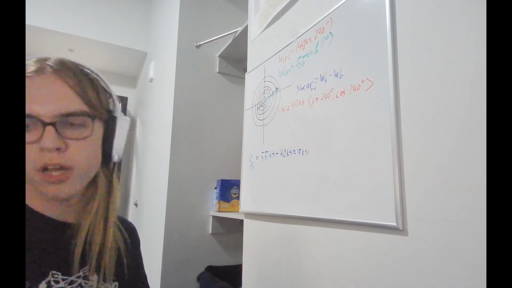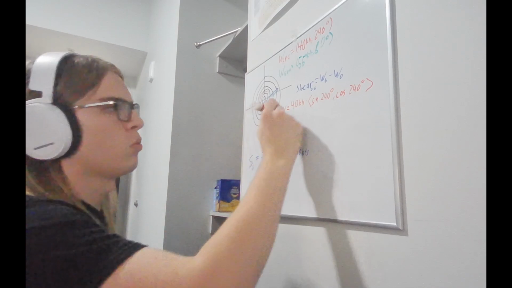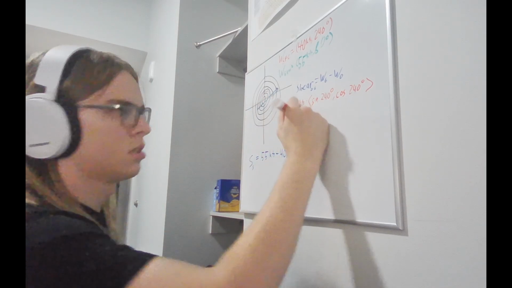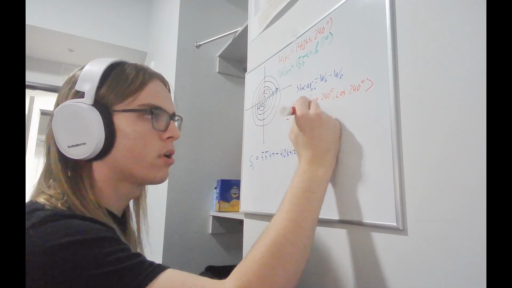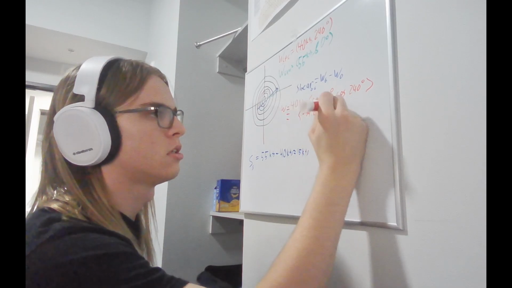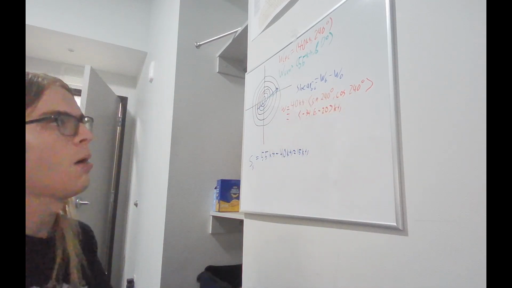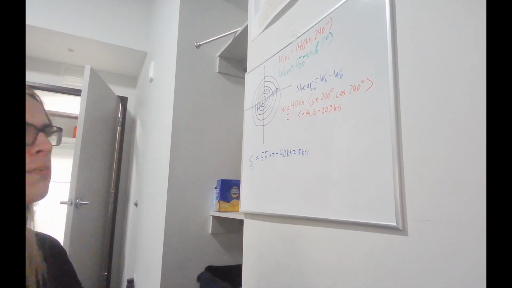Anyway, if we do that, we'll get the wind equals negative 34.6 and then exactly negative 20 knots. What does that mean, you might ask? That means we split it into a component vector.